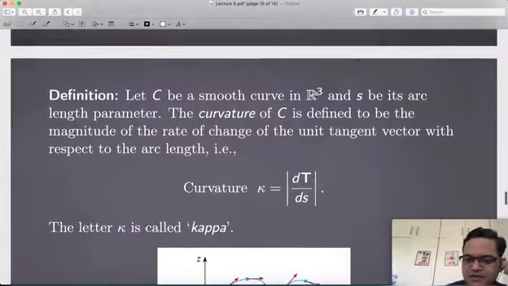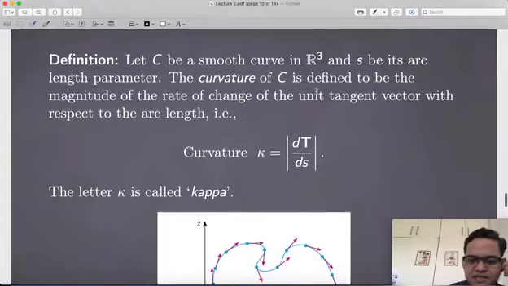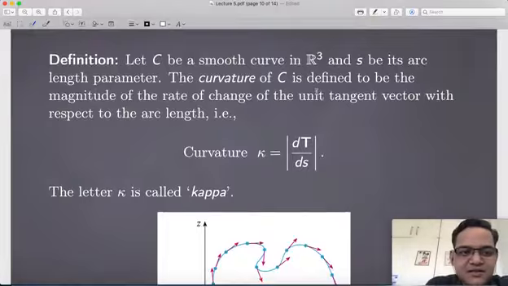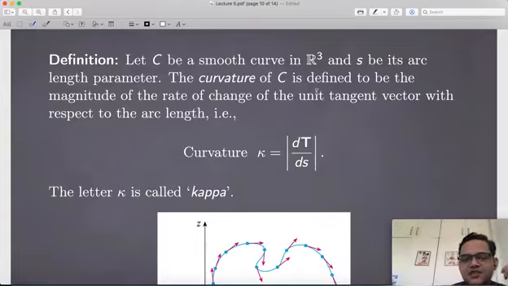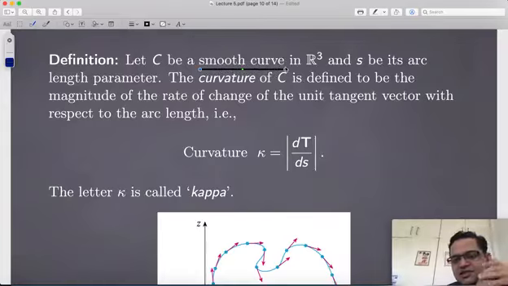Let us start with the definition, and we will see how to compute it, and then where we can use it. Here I have written a smooth curve, which again means that the derivatives exist and are continuous, because I don't want to write each time that derivatives exist.